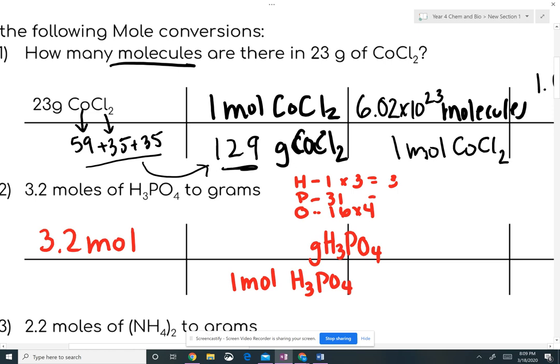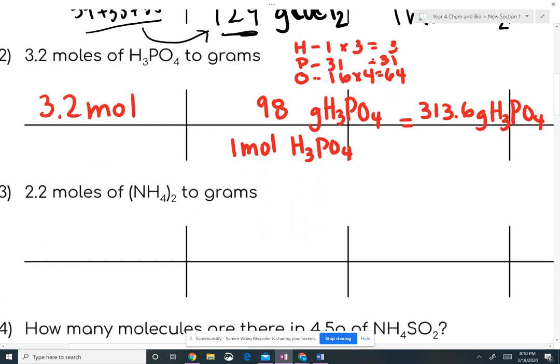So I should have 3 and then 31, and then 16 times 4, which is going to be 64. So I add those things together, and you should get 98 grams, and then you're going to multiply 98 times 3.2, and you should get 313.6 grams of H3PO4. So that is what you should get on there.